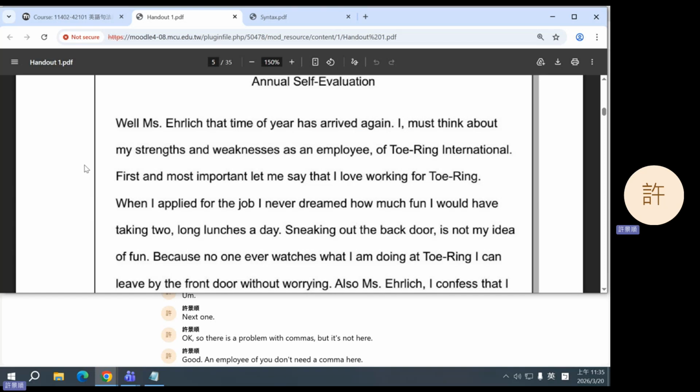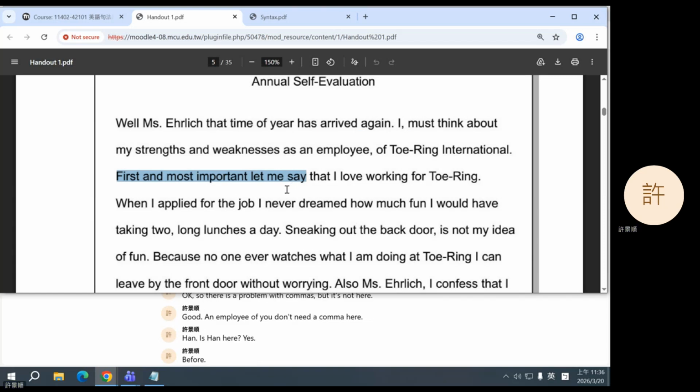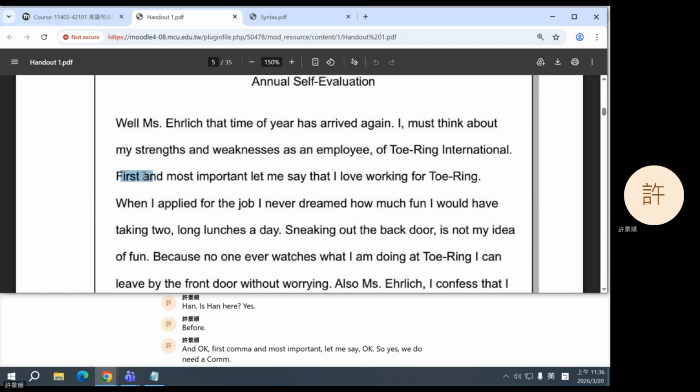Han. Is Han here? Yes. Before and. Okay. First comma and most important, let me say. Okay, so yes, we do need a comma here. Do we need another comma? Where does the main sentence begin?